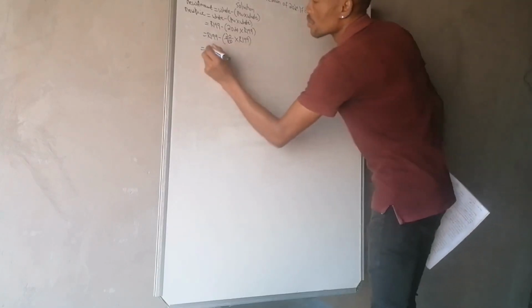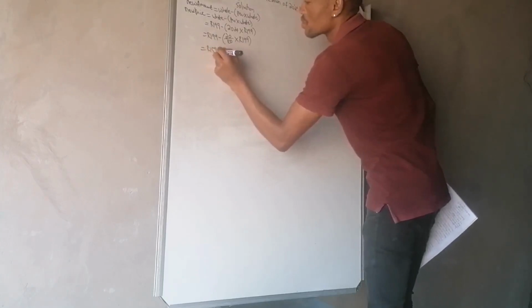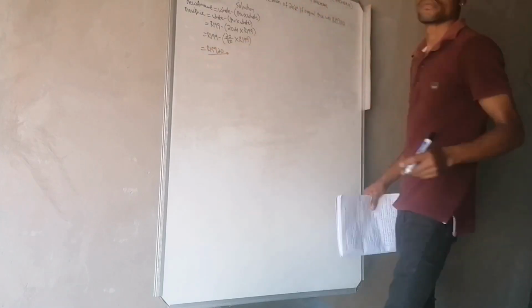Okay, you write it like that and just enter it as calculated, and you will find 159 rand 20. It's 159.2.